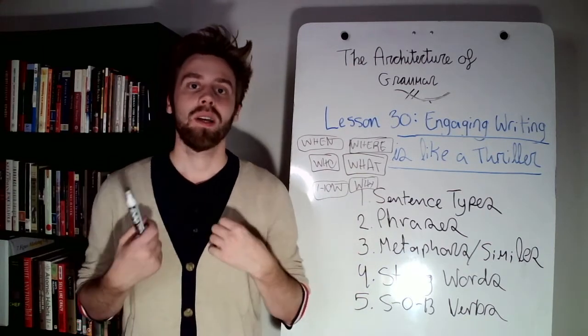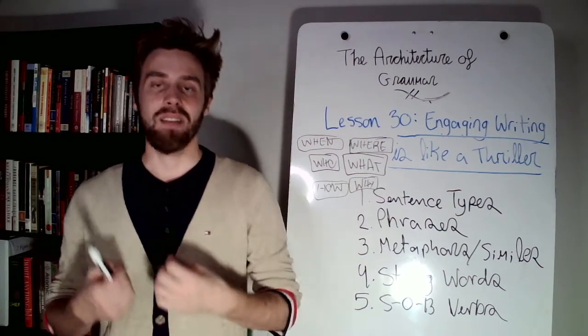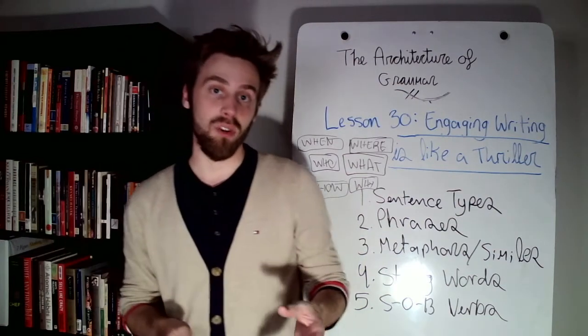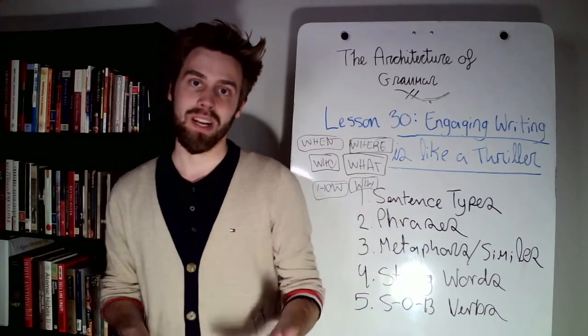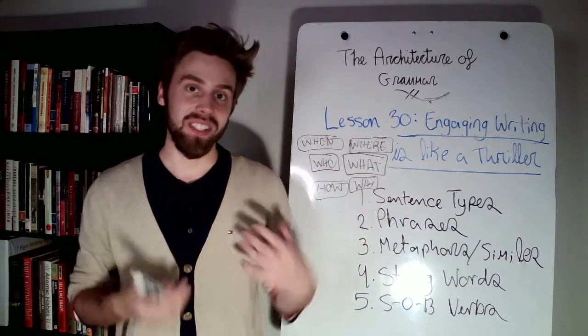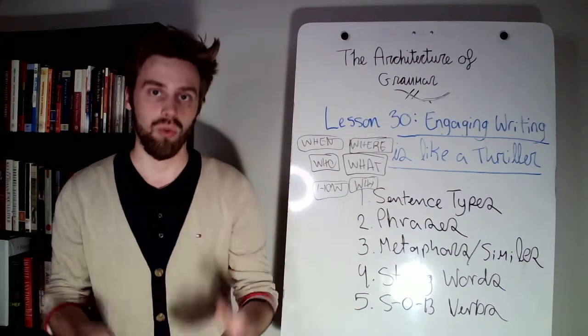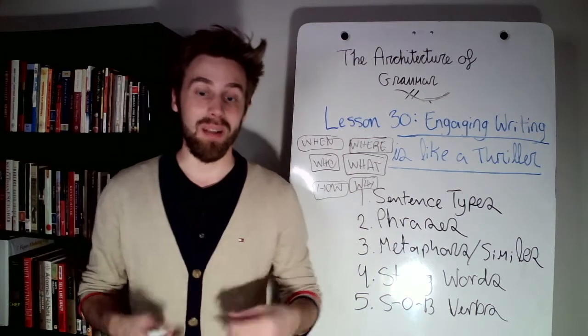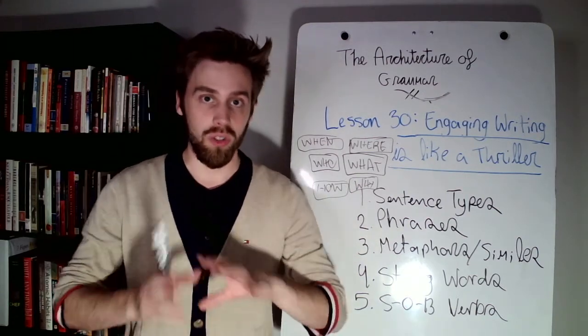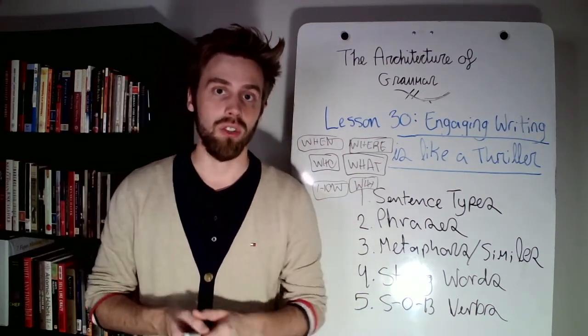If I say my yard is a mirror, that is a metaphor. But if I say my yard is like a mirror, then that's a simile, because it's more so an actual comparison that I'm making. When I say my yard is a mirror, I'm saying it literally is a mirror, and so it creates this image, but that's not real.